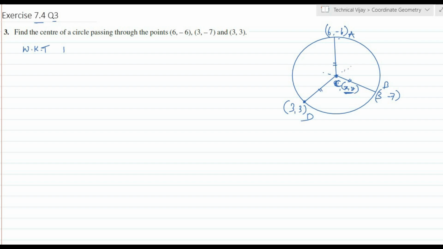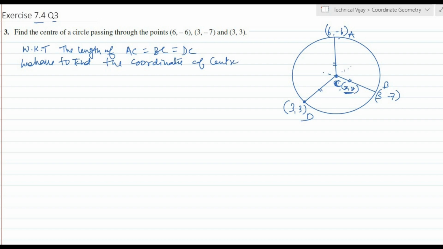We know that the length AC is equal to BC, which is also equal to DC, and we have to find the coordinates of center C.